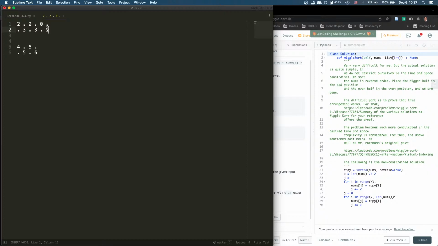Now this is the tricky part: if we have a pair of numbers, an even position and an odd position, where the even position is larger than the odd position, we can always swap them and maintain the wiggly sort. Why is that the case?